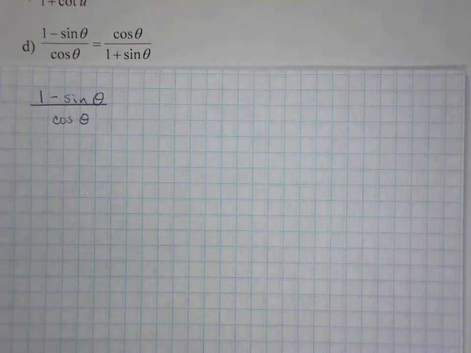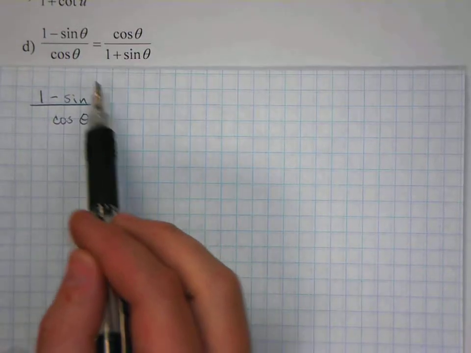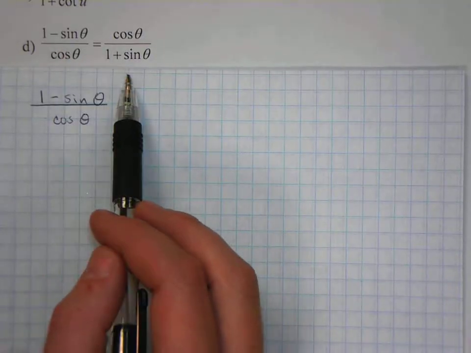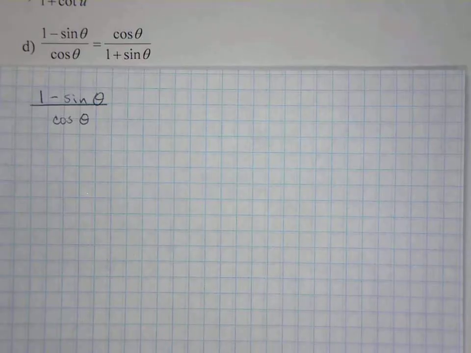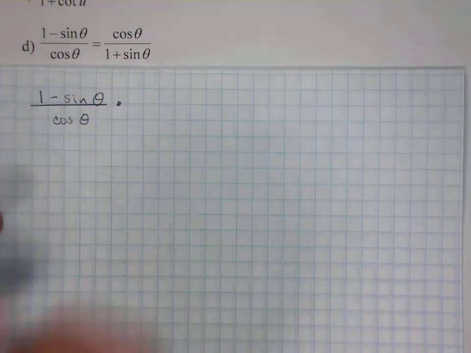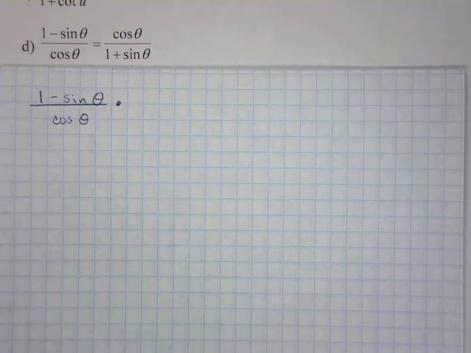So taking a look at this, I just kind of need everything to switch. If you look from left to right, I need the cosine to go to the numerator. I need a 1, but then it needs to be a plus to go into the denominator. So how do I maybe get this kind of switch? Well, one option is to multiply your numerator and denominator by the same thing. Now you can always pick whatever you want, but I would multiply by what I want my denominator to be.